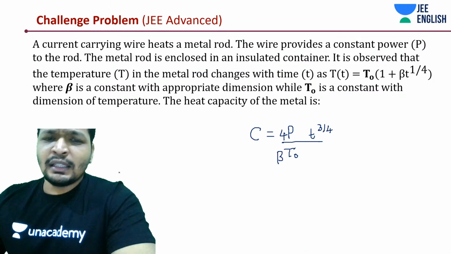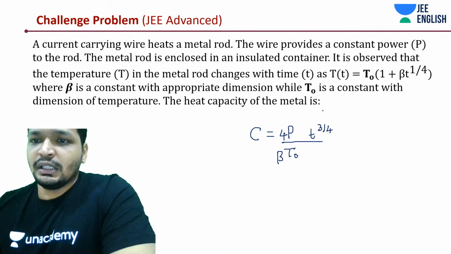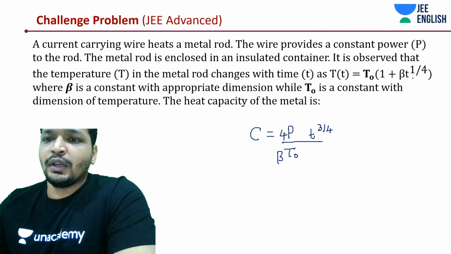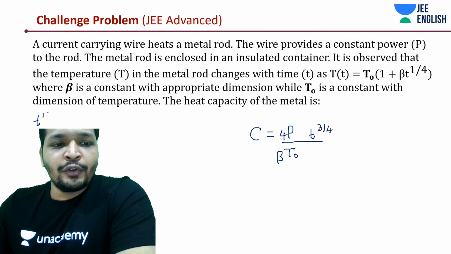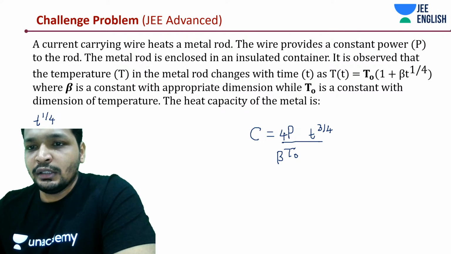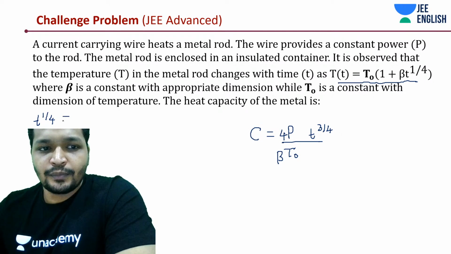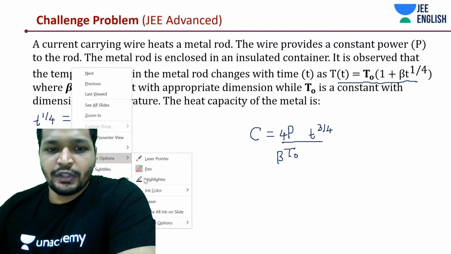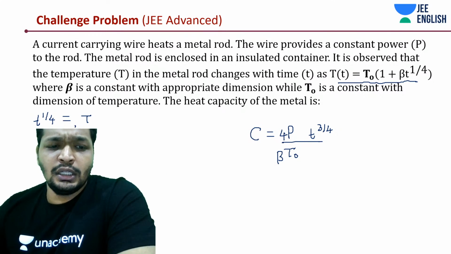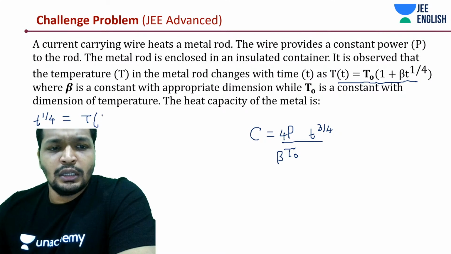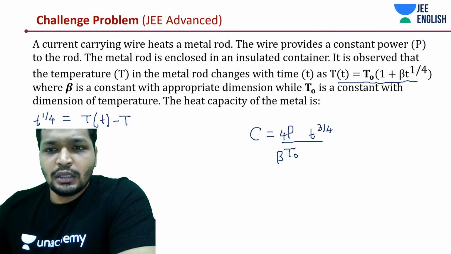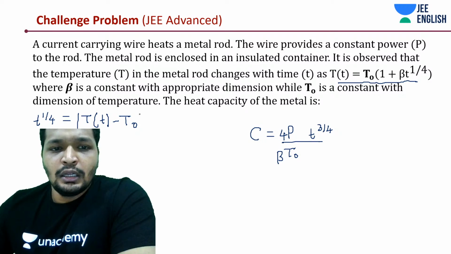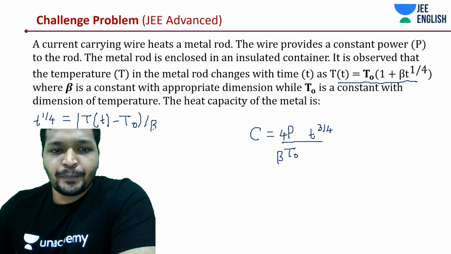Now another thing is you would have to substitute this T. So T to the power 1 by 4 is how much? From this equation you can think about it: T minus T0 divided by beta. Sorry about this, that should be T into T0 divided by beta. And how much is this?